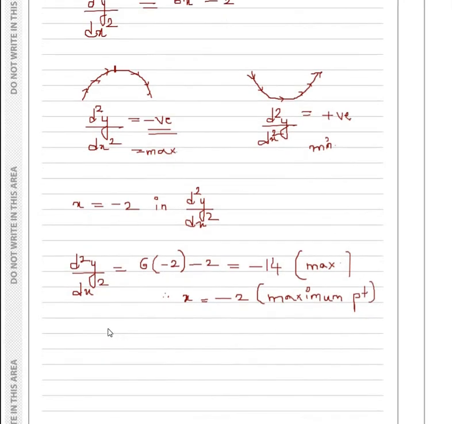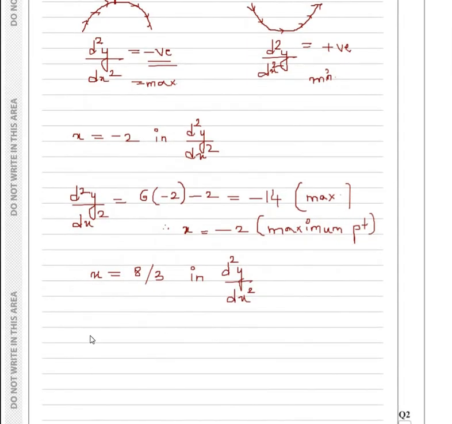Now let us also check for x equal to 8 by 3. Let us put it in d square y by dx square. So when we substitute it, d square y by dx square is equal to 6 times 8 over 3 minus 2.